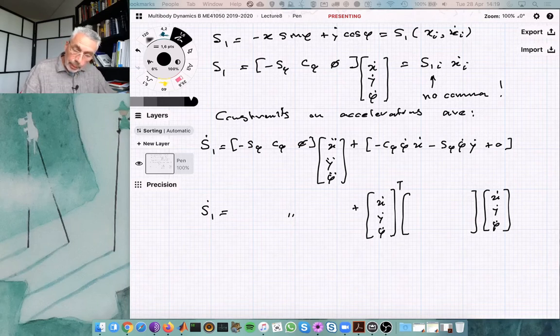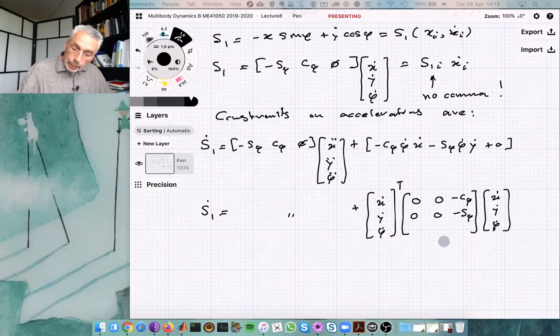Now, the only outcome should be something with x dot phi dot and y dot phi dot. So apparently, there's no x dot squared. There's no x dot y dot, and there's only an x dot phi dot with a minus cosine phi. Then a y dot x dot was not there, y dot squared was not there, and then we had a y dot phi dot with a minus sign.